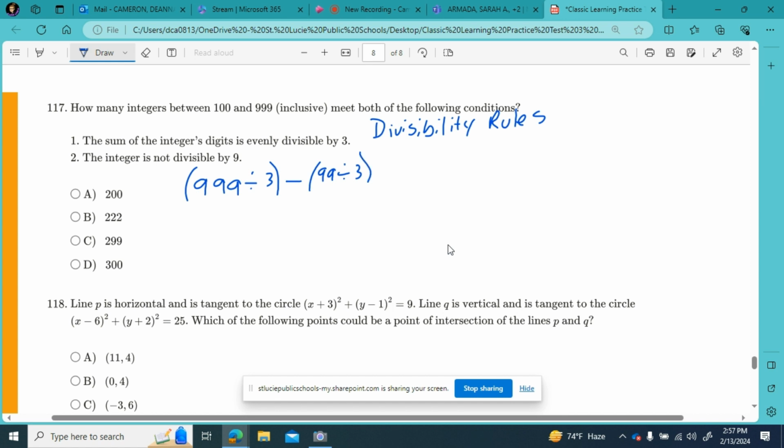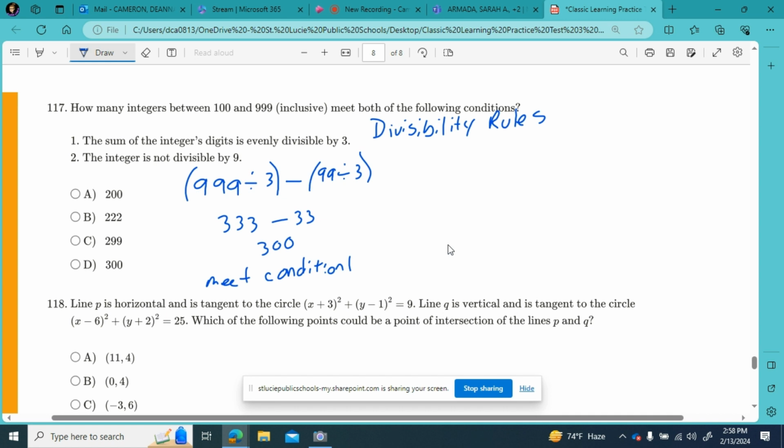And this will tell us how many numbers meet condition 1. So 999 divided by 3 would be 333, minus 99 divided by 3 would be 33. So that's 300 numbers that meet condition number 1.